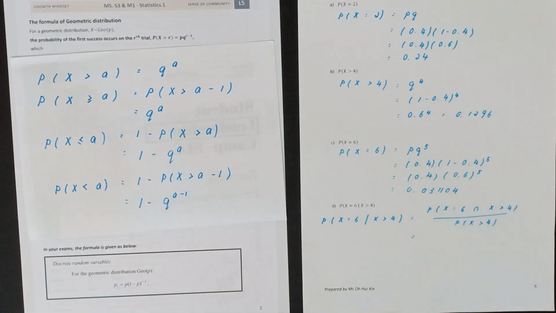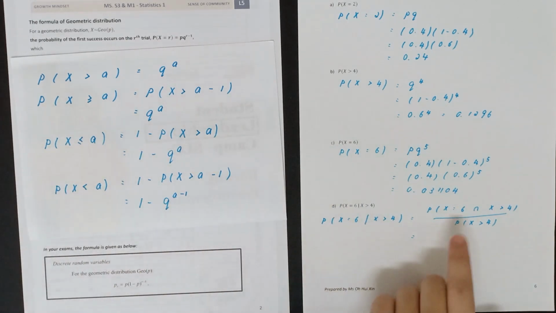So when you want to find this, you need to find the intersection point, then find the probability. Where is the intersection point of x equals to 6 and x greater than 4? It's at 6.